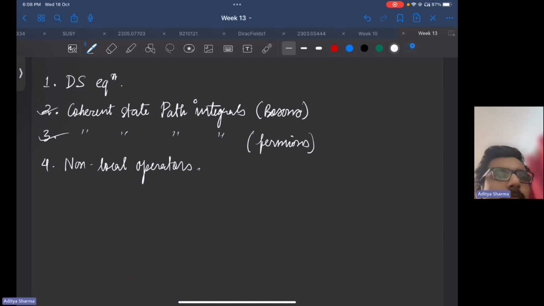So now we'll mostly do problems on these coherent states, the commutation relations, and the various proofs that are there in the book. I'll do them as exercises, along with the exercises in the book. For the non-local operators, we won't do many problems on this.